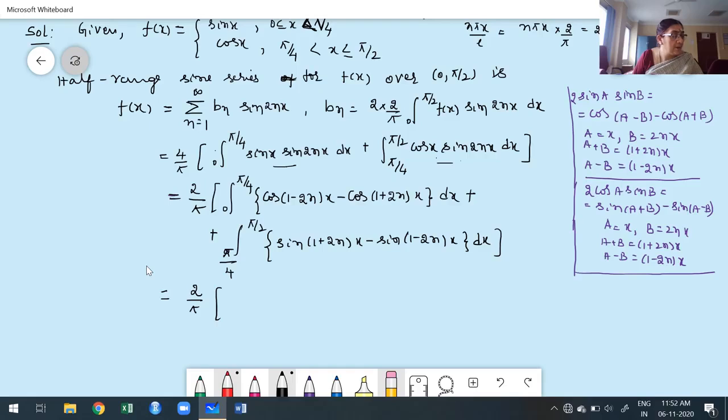What is the integration of cos? Sin. Sin of 1 minus 2n into x.